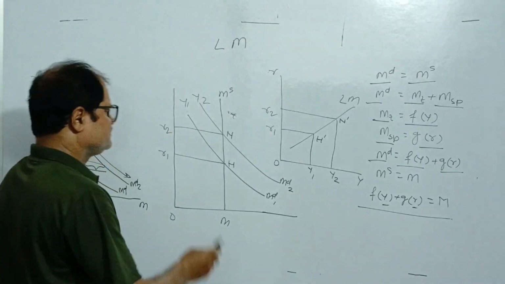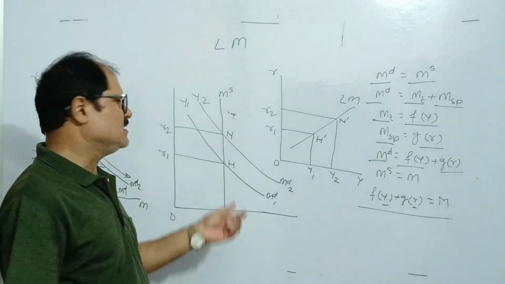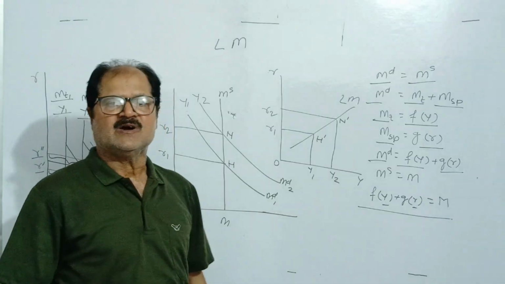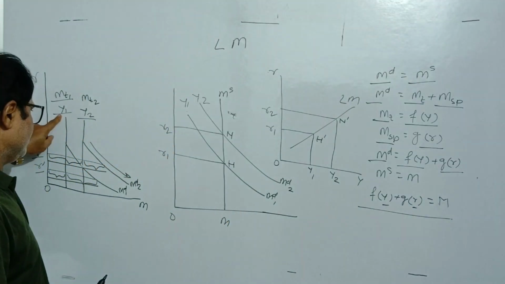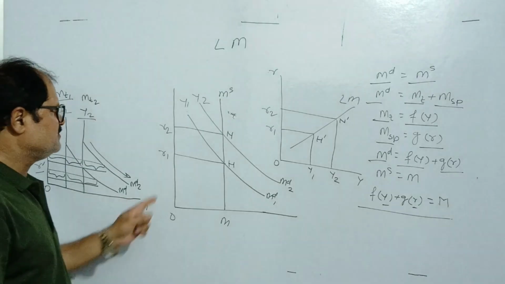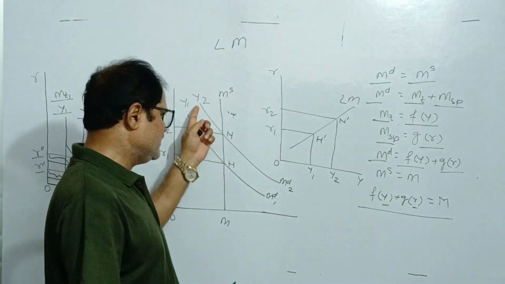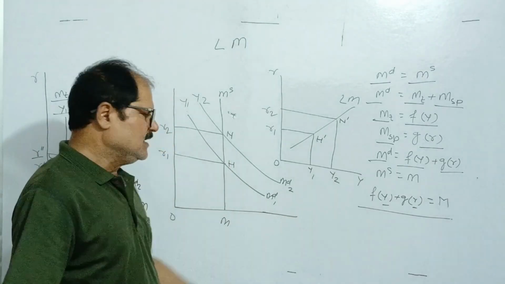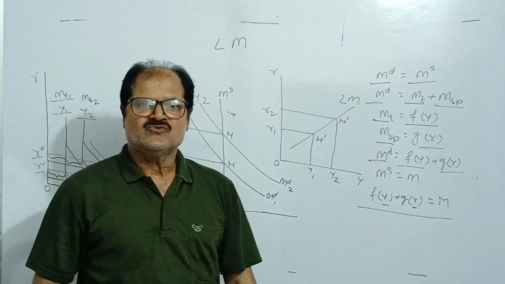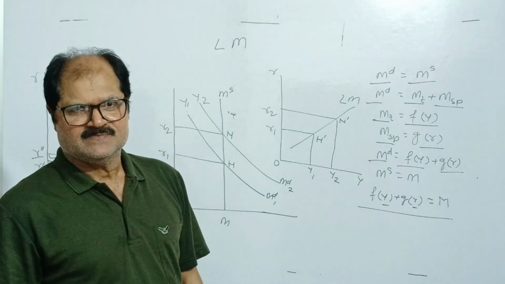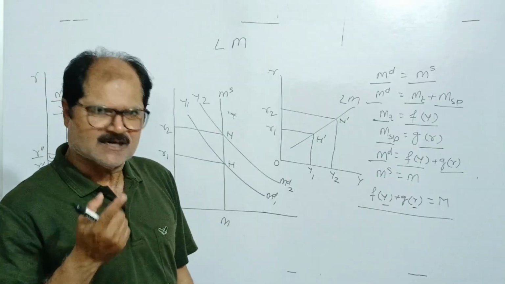In this figure, transaction demand for money has been removed, and this curve shows total demand for money. Obviously, for one income level we have one demand for money curve, for other income level other demand for money curve. It means demand for money curves in Keynesian system are related to income level. Each income level gives us a different demand for money curve.